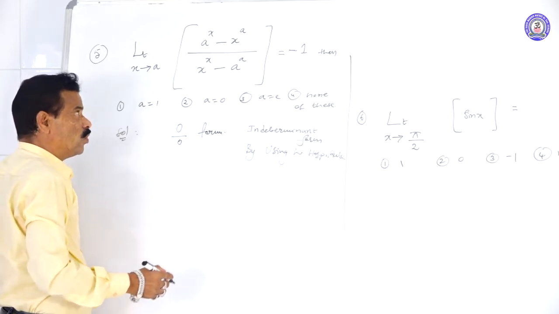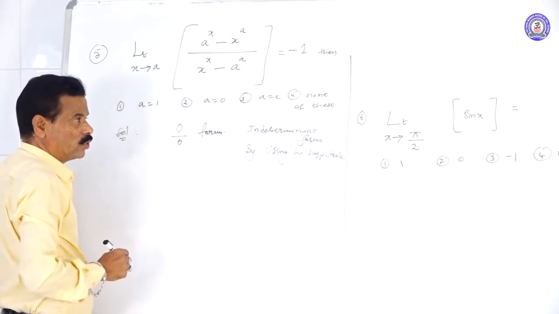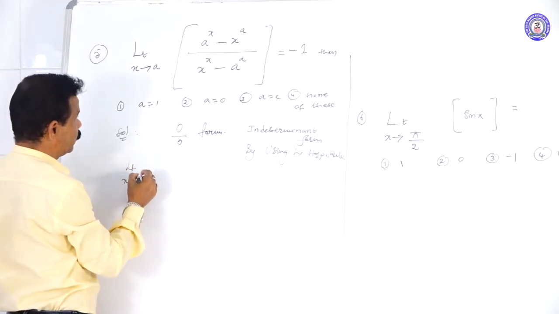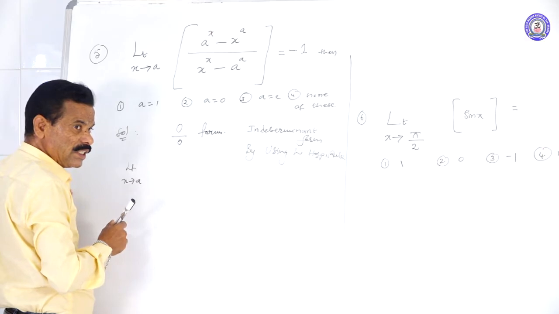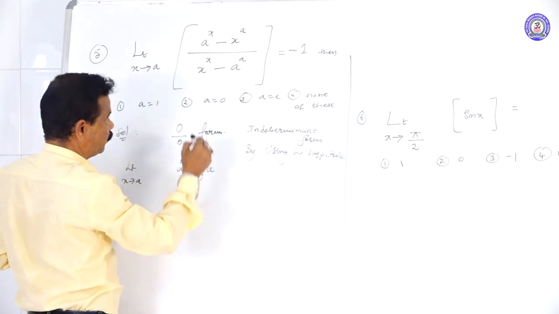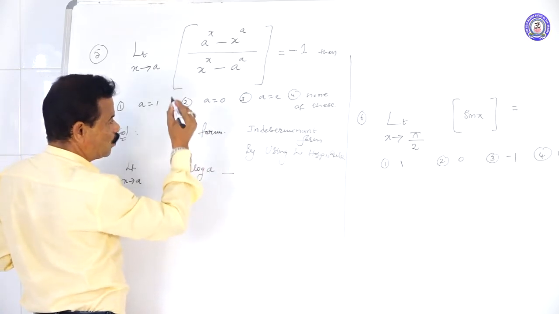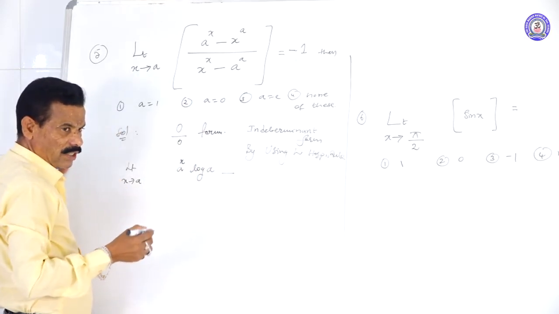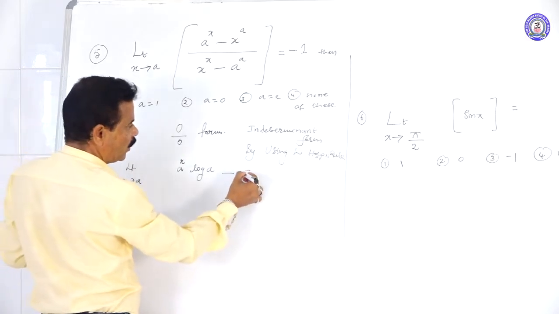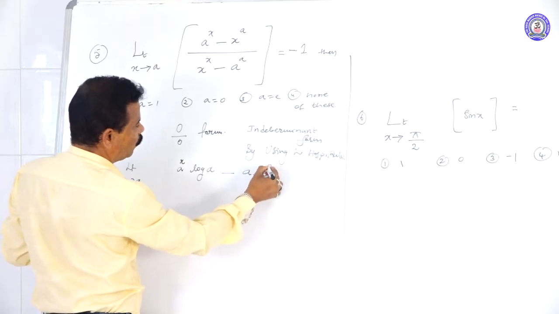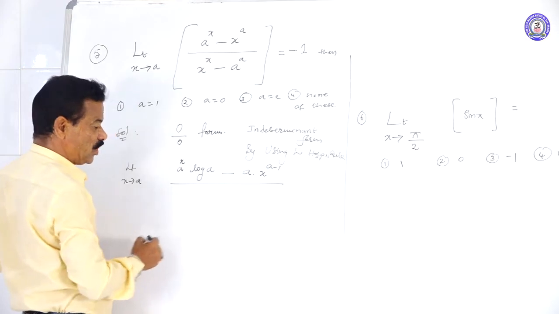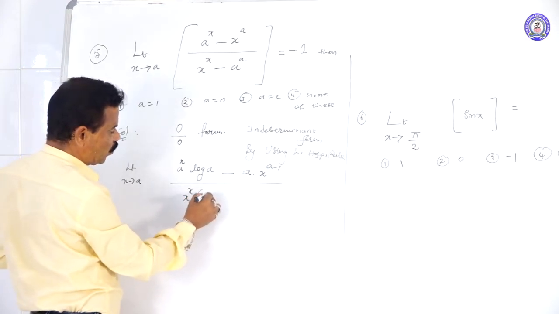What is the L'Hospital rule? Differentiate all the terms, with the limit x tends to a as it is. The derivative of a^x is a^x log a. The derivative of x^a is a·x^(a−1), since the derivative of x^n is n·x^(n−1). In the denominator, the derivative of x^x is x^x·(1 + log x).